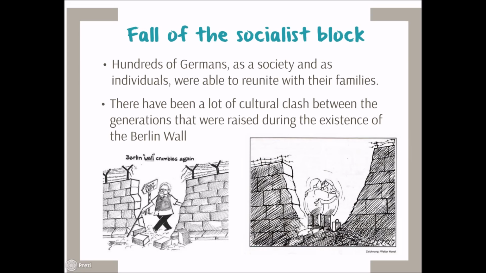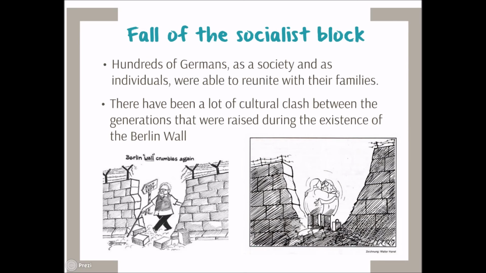And also it has to be noticed that there had been a lot of cultural clashes between the two generations that were raised during the existence of the Berlin Wall. So with the birth of each new generation, the differences became smaller and smaller, and the two societies started to get more similar as the years passed.